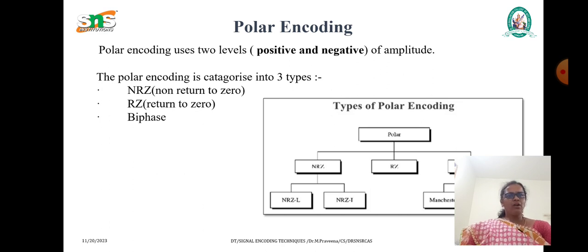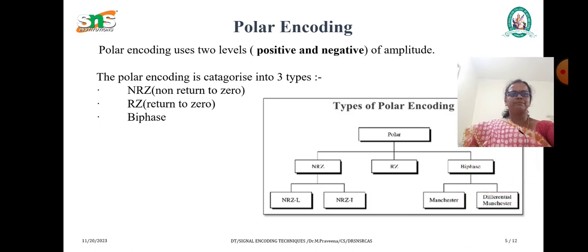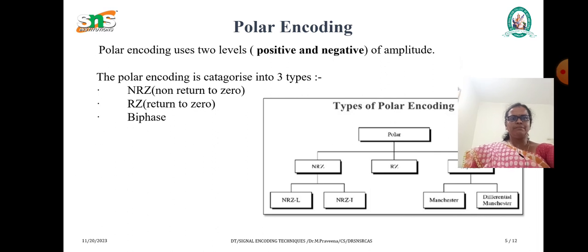In NRZ, there are two different types, NRZ-L, where L stands for level, and NRZ-I. Biphase also has two types, that is Manchester and differential Manchester.